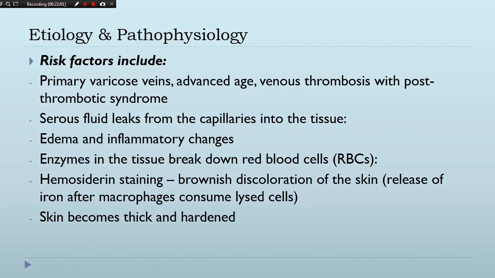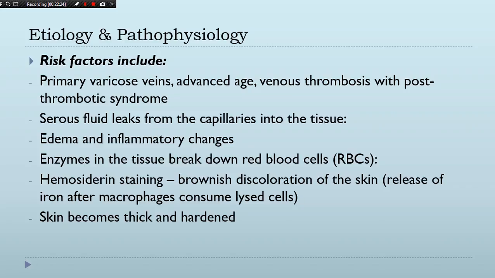They're going to release iron that's been stored in these RBCs and the hemoglobin, and this brownish discoloration is going to be released. It's known as hemosiderin staining. And that's a key finding in patients who have chronic venous insufficiency, the increased brown pigmentation of their legs.